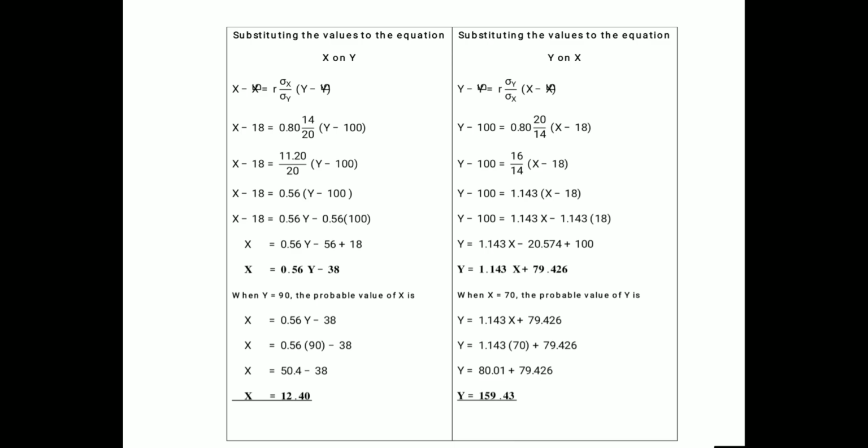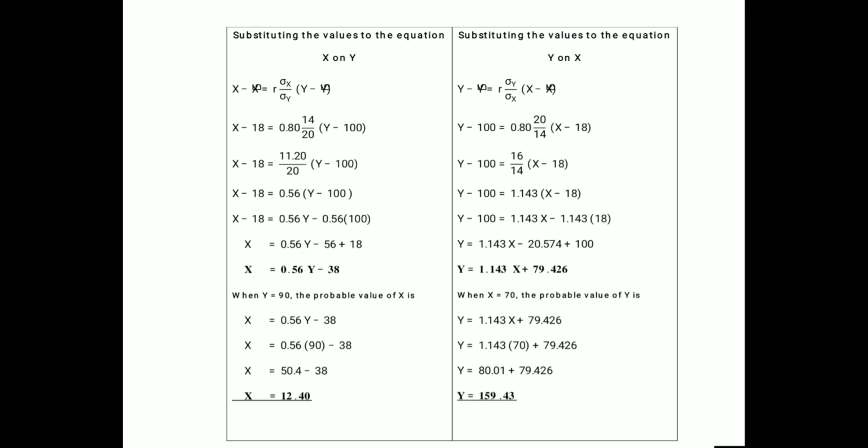Plus 18: the minus 18 on the left hand side comes to the right hand side and gives us plus 18. When we compute the equation, the final equation will be x is equal to 0.56y minus 38. Now we substitute the value of y into this equation to find the value of x. When we substitute y is equal to 90, the x value will be 12.40.